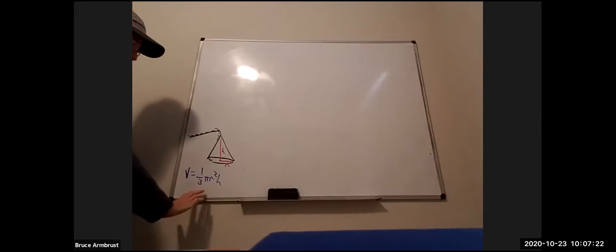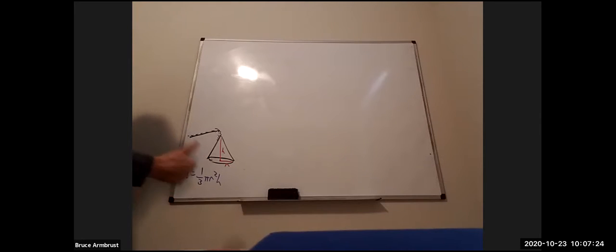Again, I don't expect that you know this. Some of you might, and if you do, awesome. If you don't, you should at least be able to Google it or something. So we know that the volume of this thing is given by 1/3 pi r squared h.